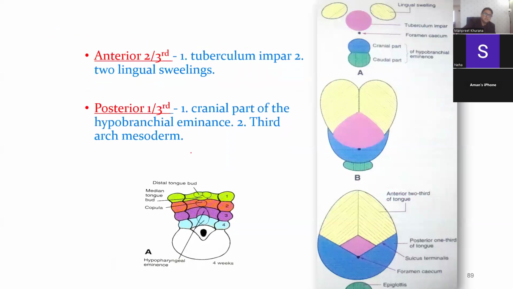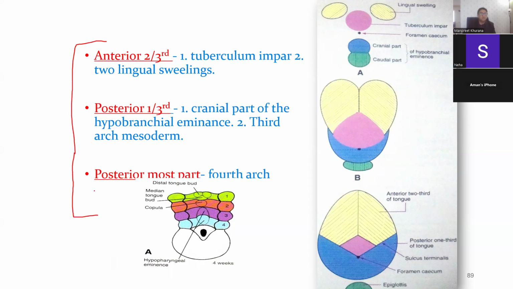Now let's see how the tongue is formed. This is a very important concept to learn. I would say never ever forget these three things. They are very important. There are a lot of questions based on this concept. Whenever I say a lot of questions, it means these are the favorite topics of the examiners.